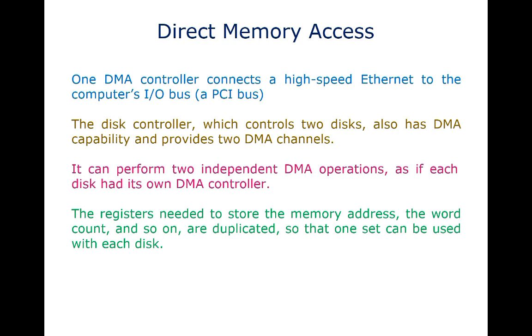Next is the direction of transfer. The DMA controller must know not only where the transfer starts and how much data is to be involved, but also in which direction the data should be moved.